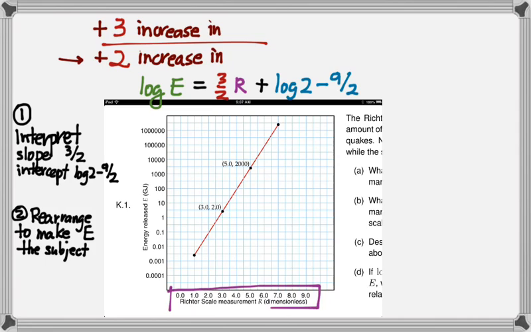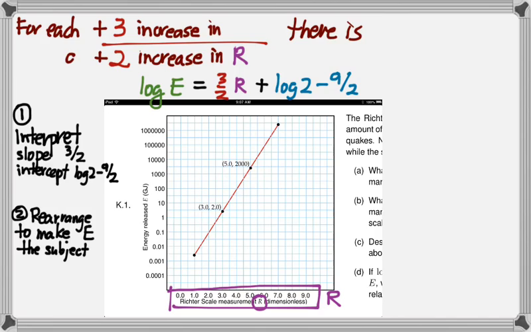Right. Keep in mind the denominator of a slope is always the run. And on our transformed axes, that horizontal axis is the Richter scale measurement. And I'll add one more clause here in the front. For each increase of 3 in something, there is an increase of 2 in the Richter scale.